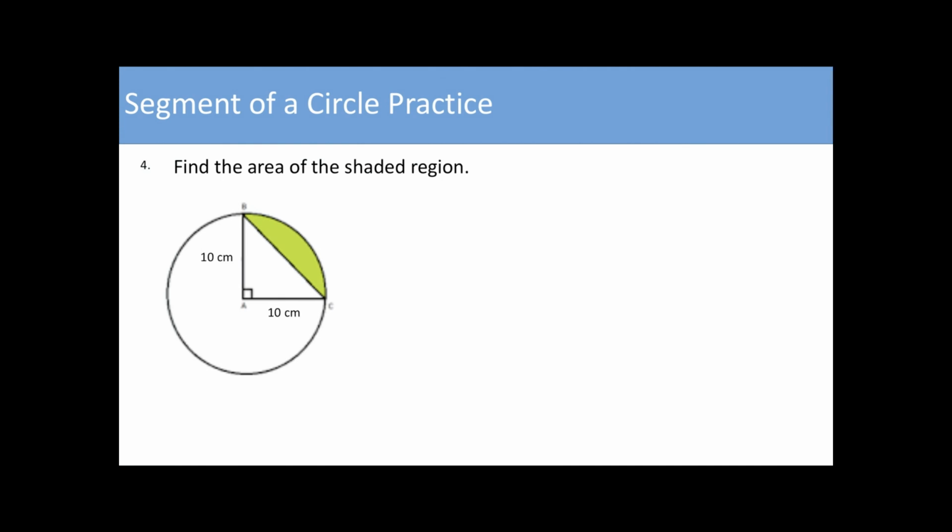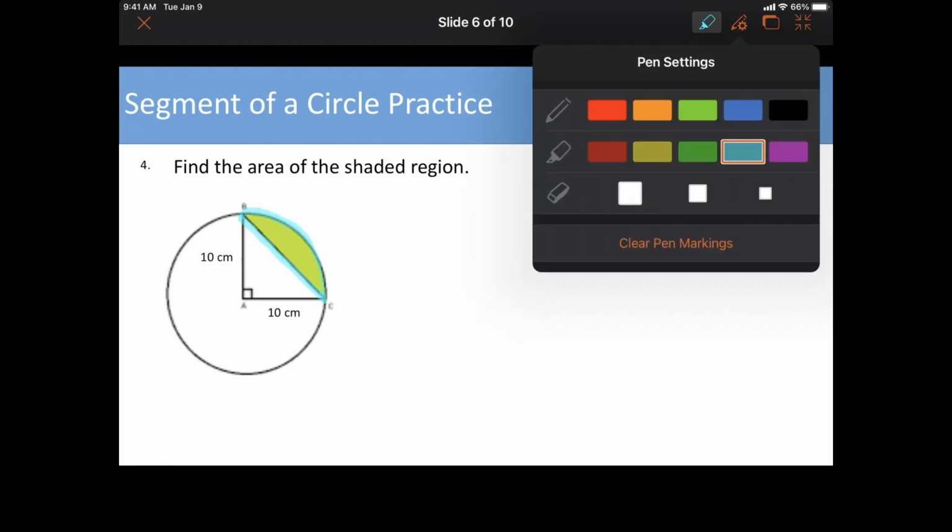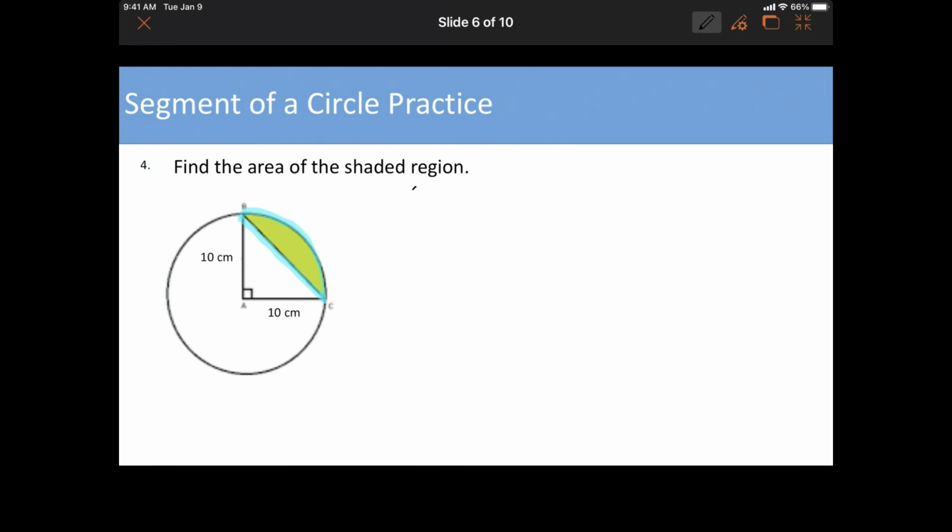All right, so segment of a circle, find the area of the shaded region. Again, you have to recognize it for what it is. So clearly not a full sector. And you can see here's my chord and my arc. So that's a segment. And we said a segment is a sector minus the triangle.